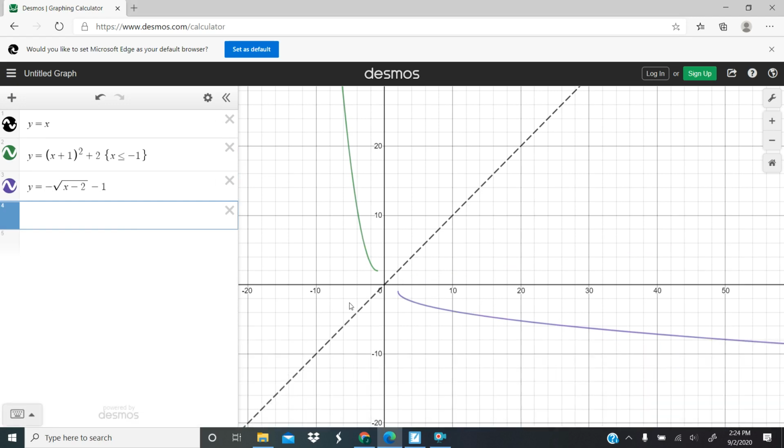And that should take care of it, and it'll give you the inverse where it's like the perfect reflection like we had earlier. You can tell that in the original, you have that point where the vertex is at -1, 2, and then in the inverse, you have it at 2, -1. And then they go off in the correct directions to be a reflection over that line y = x.